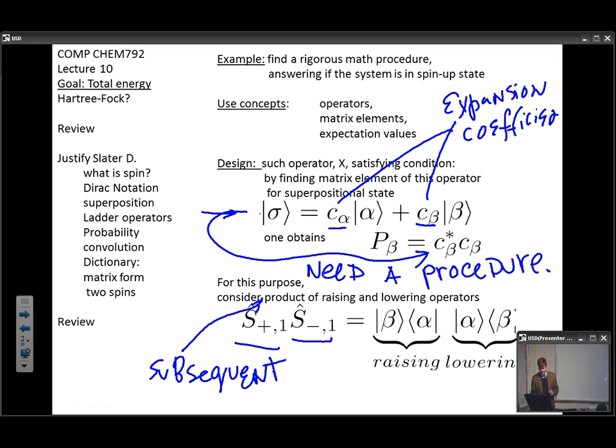And we treat them both in Dirac notation. So our lowering, this was minus, this was plus.